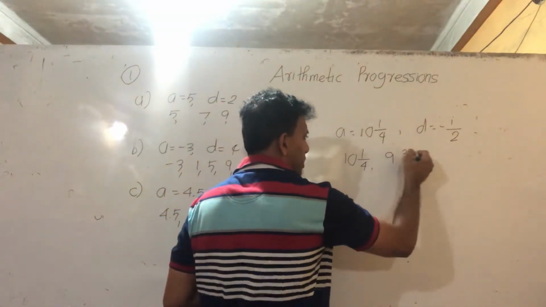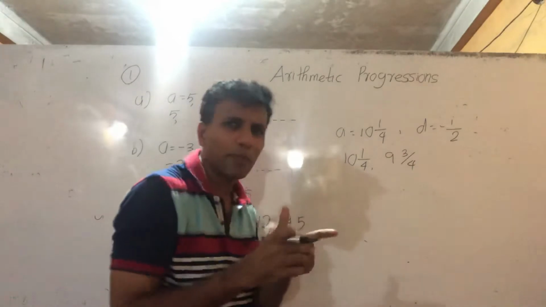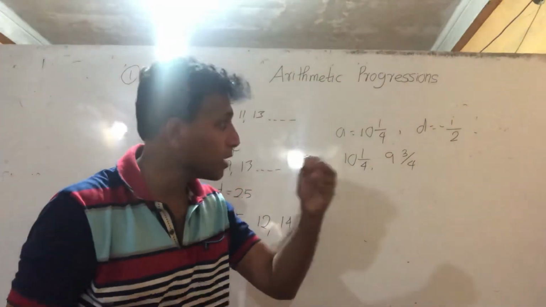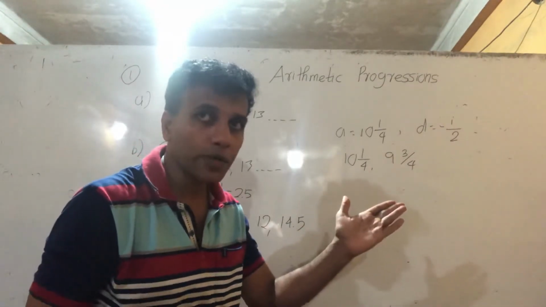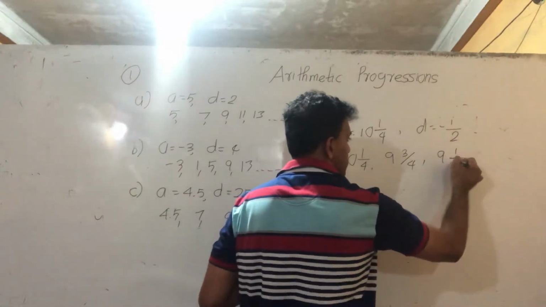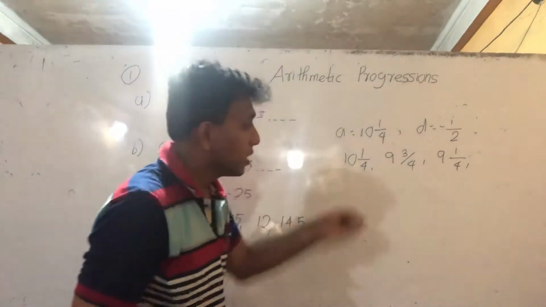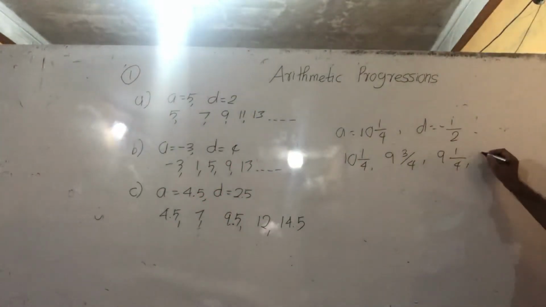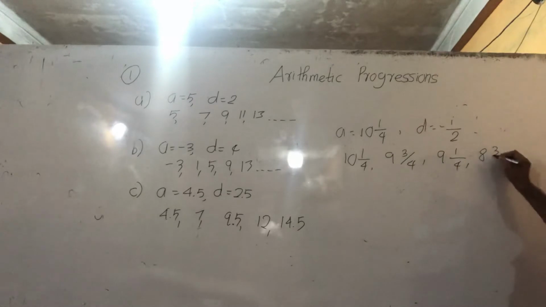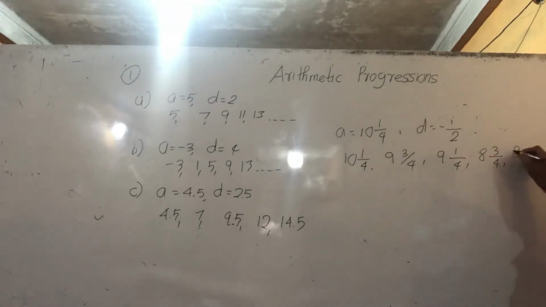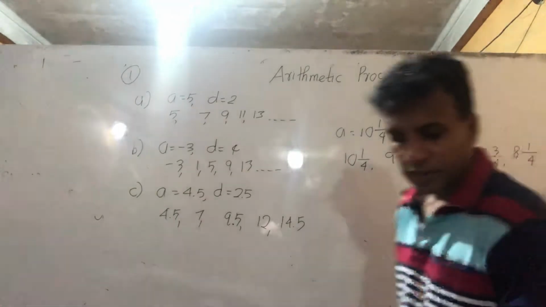You don't need a big idea of fraction adding and subtracting. You think in your memory, that's common sense. 10 1/4 deduct by a half, 9 3/4, okay. Again deduct by half, 9 1/4, okay. Again deduct that half, 8 3/4. Deduct by half, 8 1/4. And so on. Simple thing.